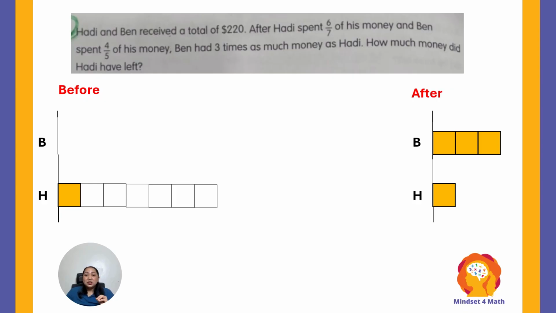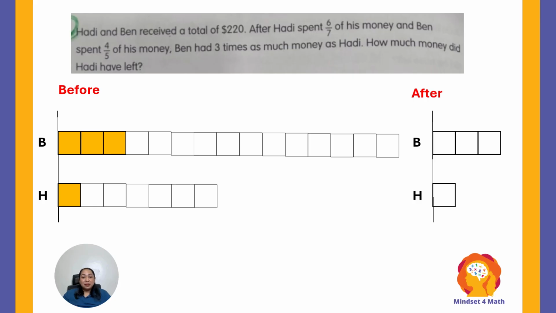So that means we can represent the money of Hattie at first in the before model using 7 units. I also marked 1 unit orange so that you can see where the 1 unit that's remaining in the after model is in the before model.